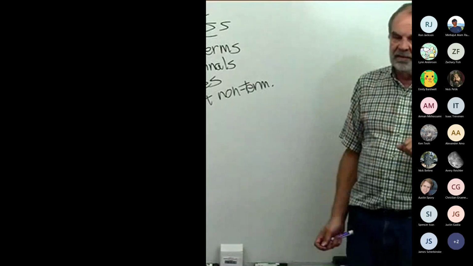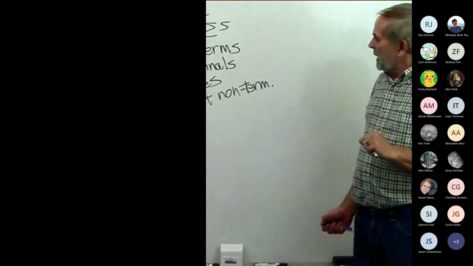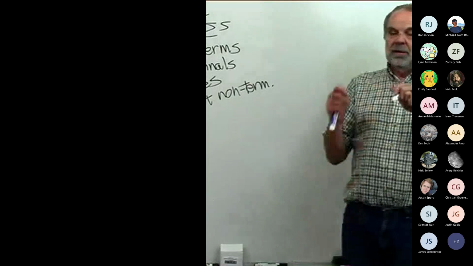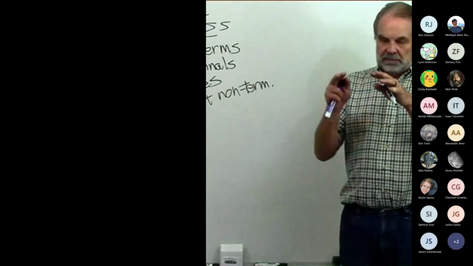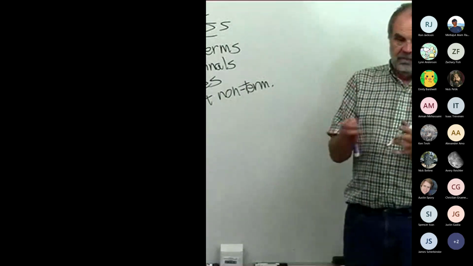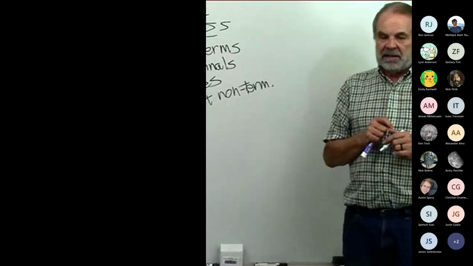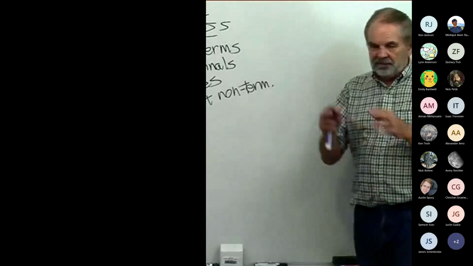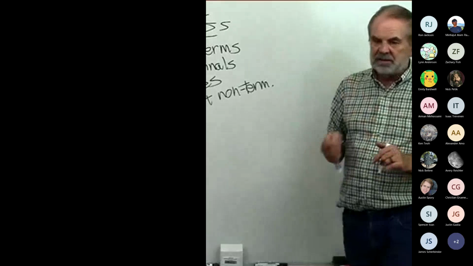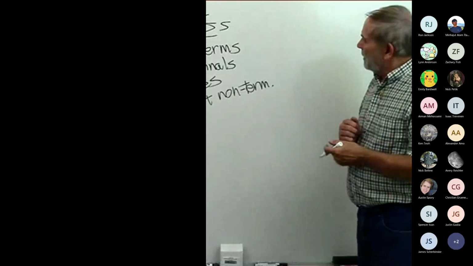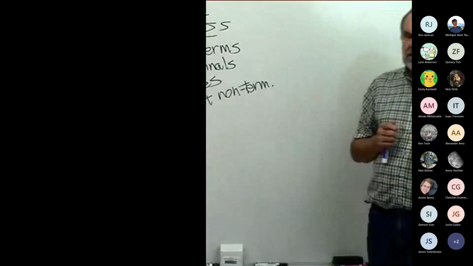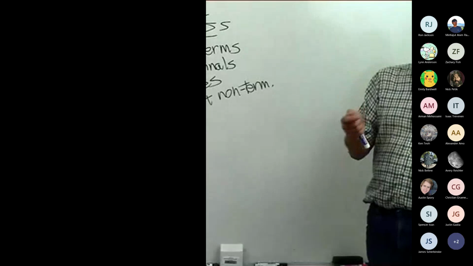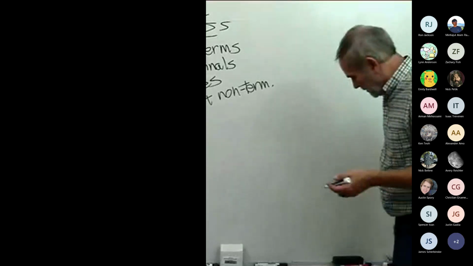And then you could star them, saying take 0 or more repetitions of whatever is in the parentheses. Well, those worked pretty good, but you couldn't do stuff like what? 0 to the n, 1 to the n, for example.